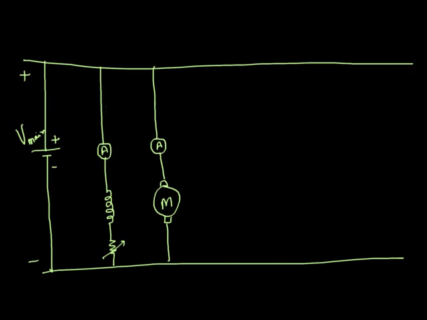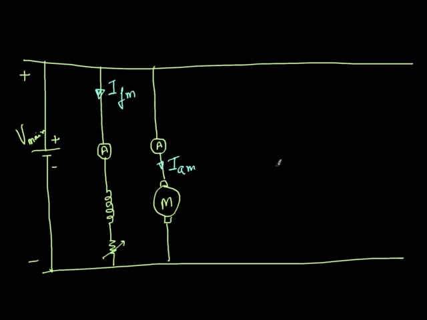So let's give some notation. Let's call this current IFM. This is the current in the field winding of the motor. Similarly, this current, let's call it IAM. This is the current in the armature of the motor.